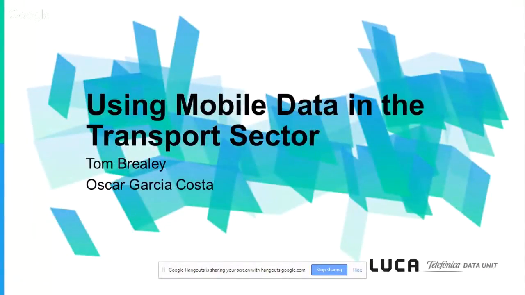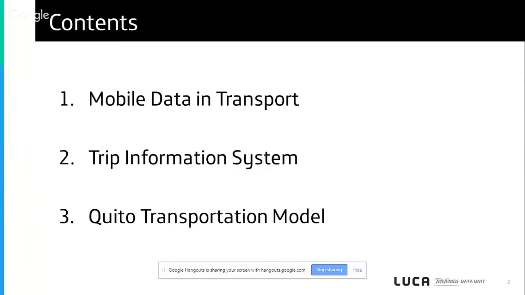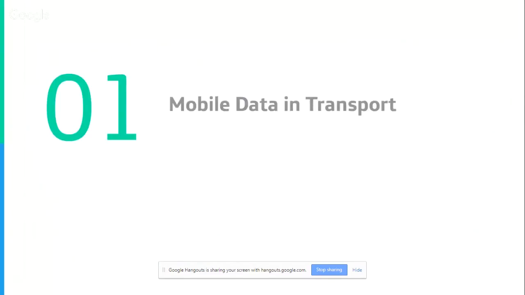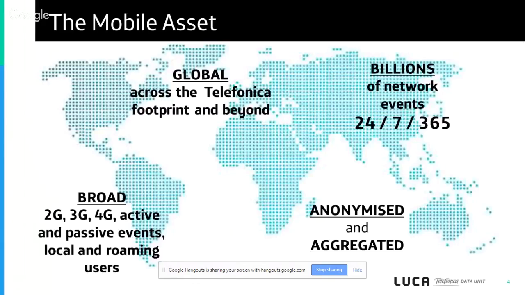Right, so what is mobile phone data? Mobile data is essentially the communication your phone has with the cell phone towers and the cell phone network in order to operate. These communications occur when you're actively using your phone, when you make a call, send a message, browse the web on 4G, or passively as well.